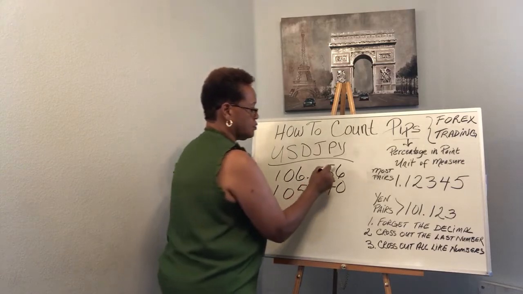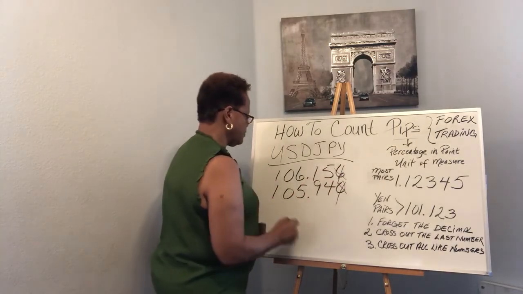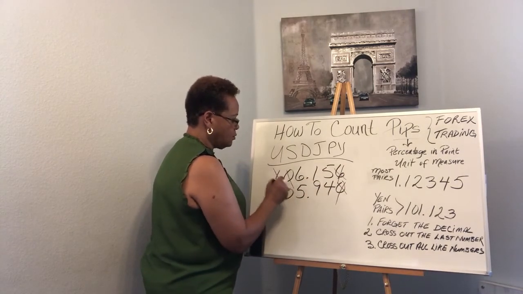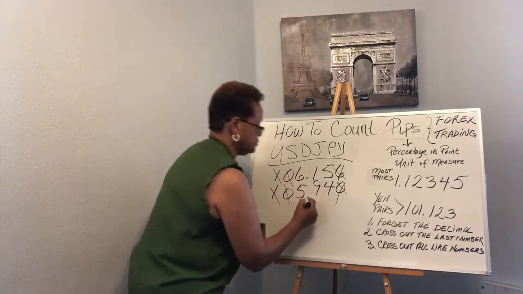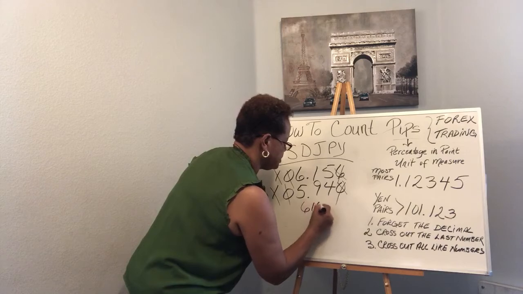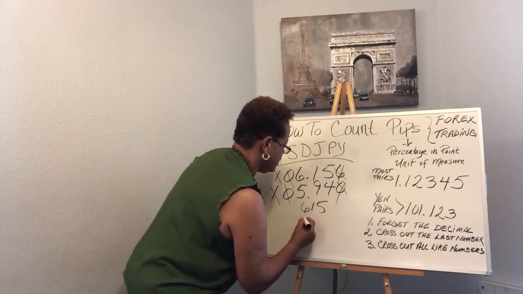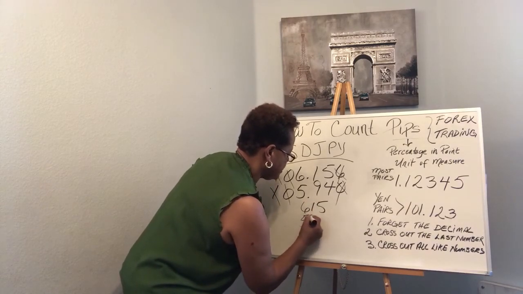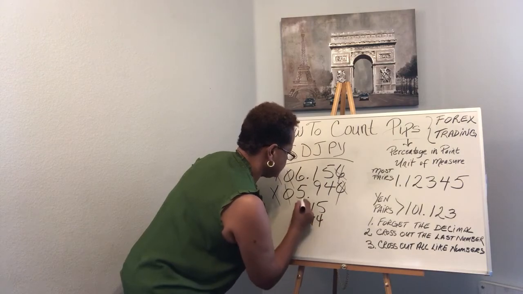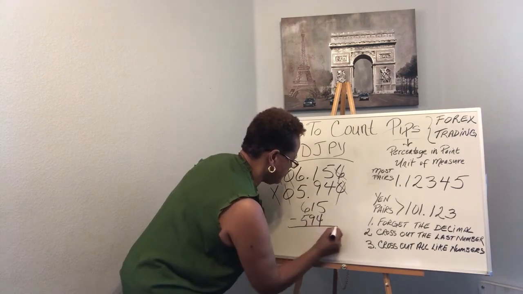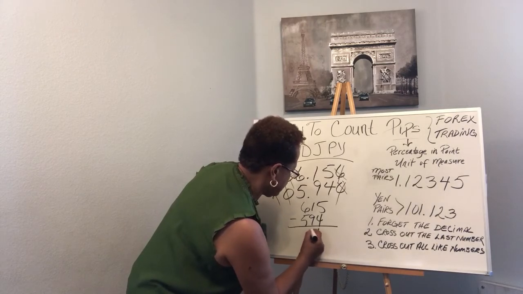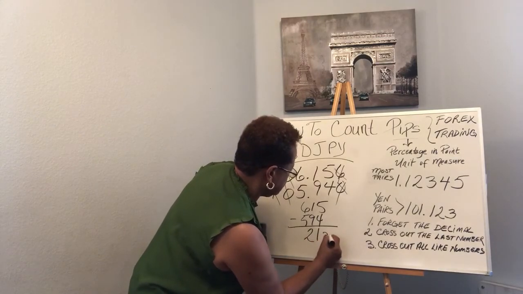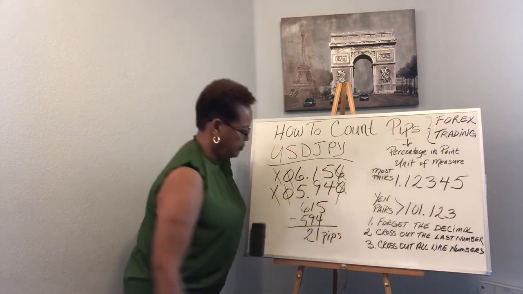Forget the decimal, cross out the last number, and cross out all like numbers. Now, I have 615, that wasn't crossed out, and I have 594. I subtract the bottom number from the top number, and I have 21 pips.